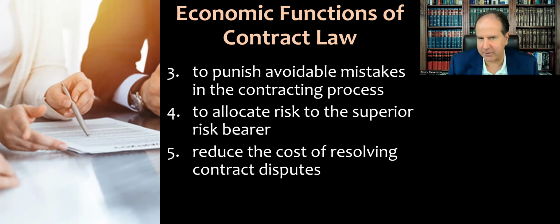This is going to be maybe a little less familiar to some students, but contract law helps allocate risk to the superior risk bearer in transactions. This is analogous to our idea of the best cost avoider or least cost avoider in tort law.